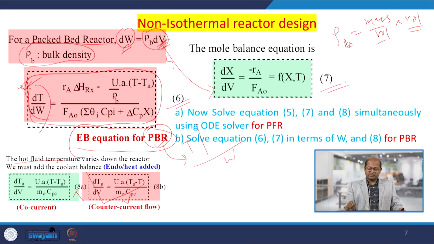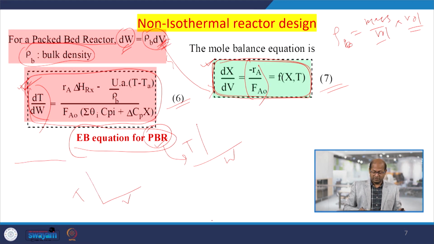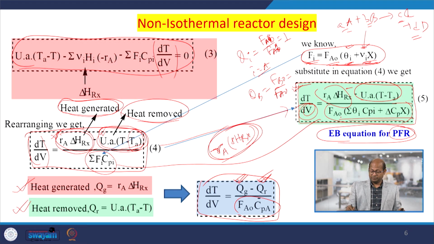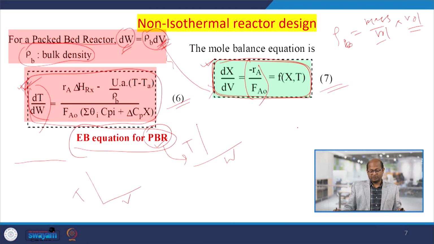And this is the mole balance equation for plug reactors that we discussed at the beginning. For any reactor we can express rate and molar flow rates as dX by dV; equation 5 was dT by dV, and here dX by dV.